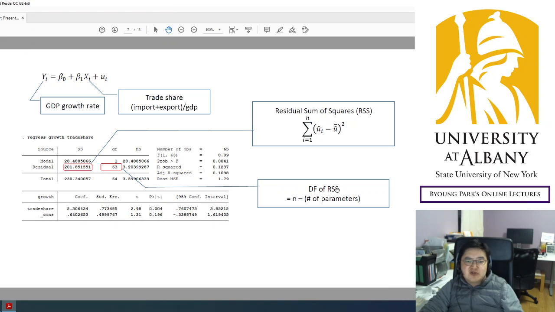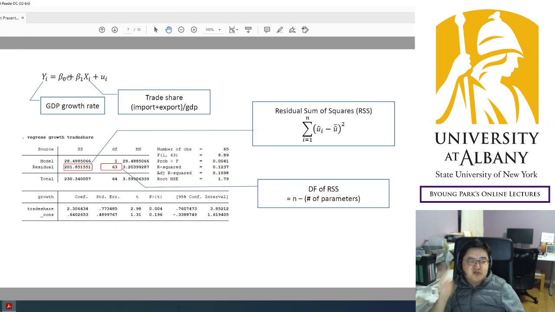And the degrees of freedom for the residual sum of squares is the sample size minus the number of parameters you have estimated. In this case, the number of parameters includes the intercept and the slope, so you need to estimate two parameters. In estimating them, you consumed 2 degrees of freedom.